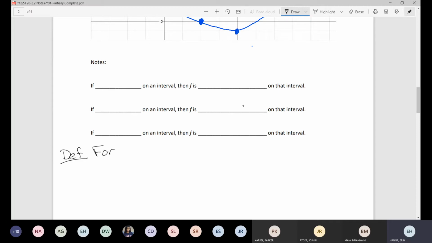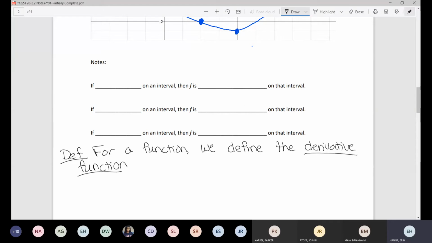For a function, we define the derivative function, and the derivative function is what we're defining here. So we define that new function in the following way. The y values are going to be made up of these derivative values, of these slopes of these tangent lines.